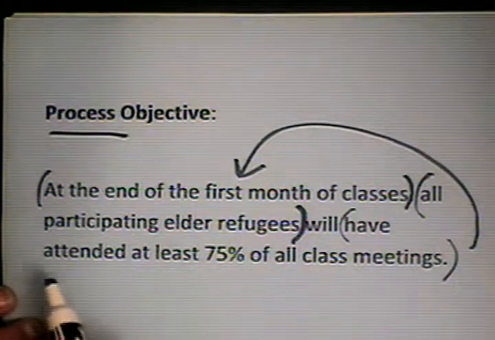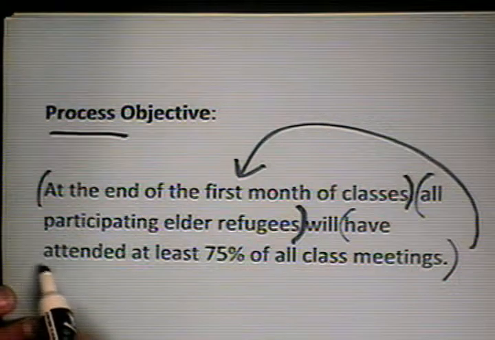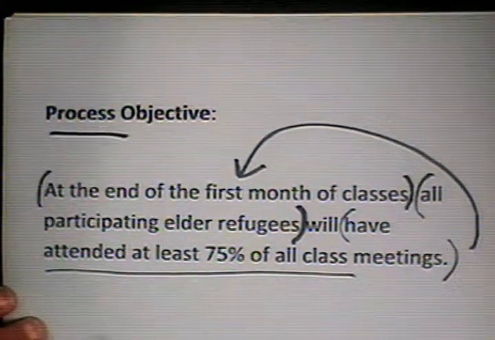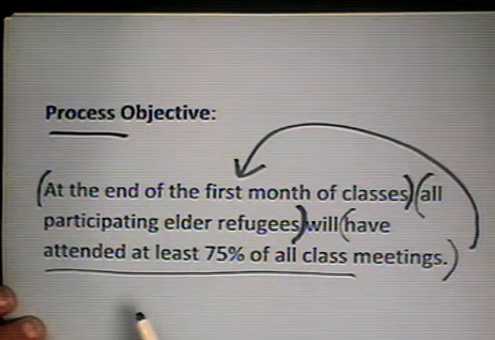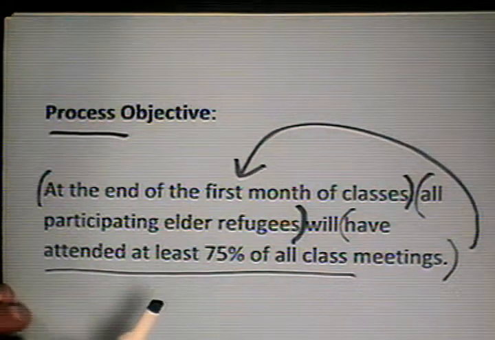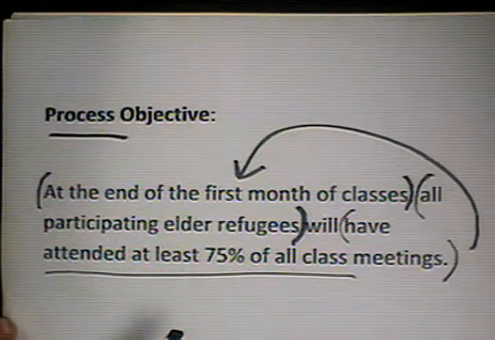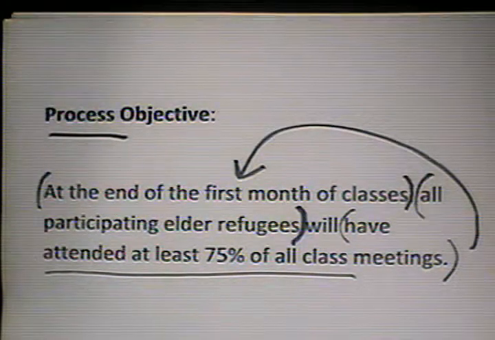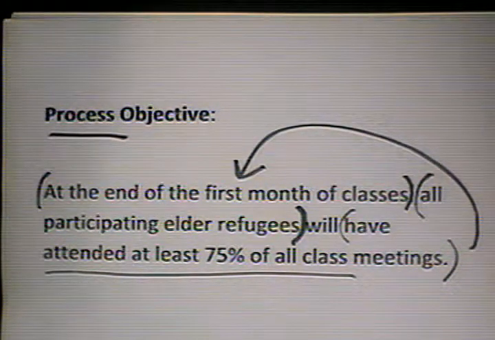What we're saying in the process objective is simply that some type of behavior is going to occur. In this case, they're attending at least 75% of all the class meetings that are held in the first month.